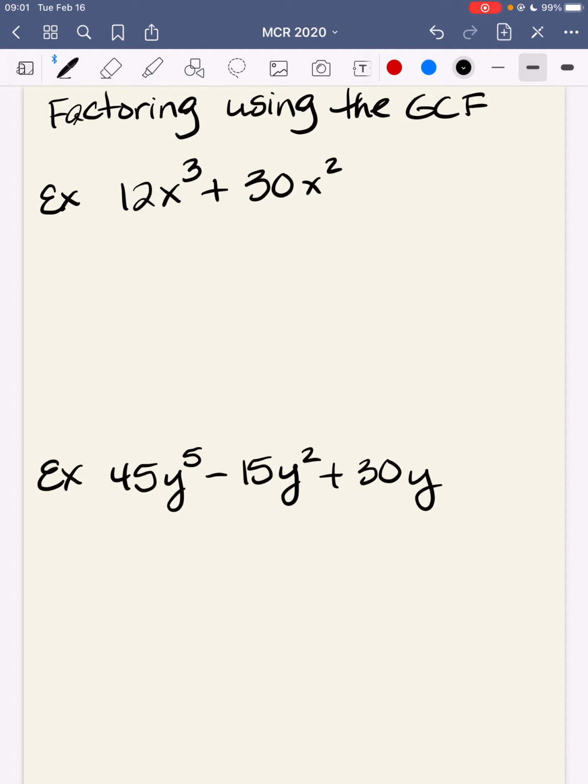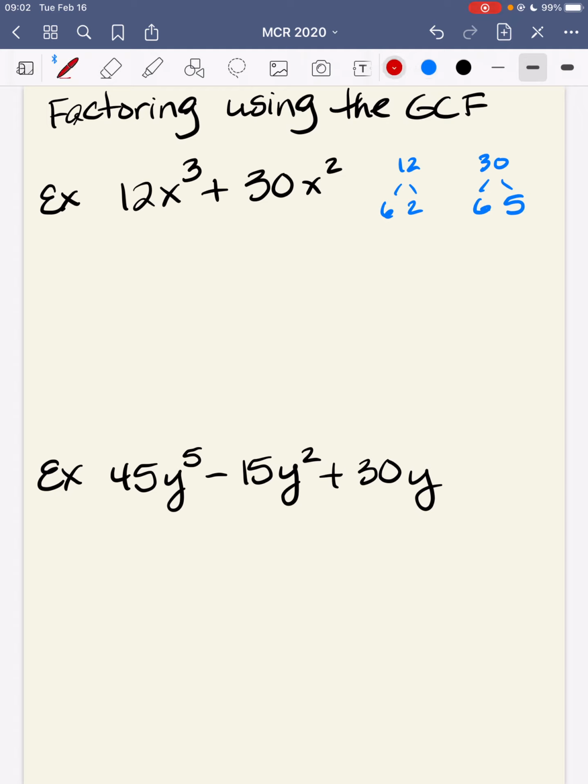So doing the same idea here, I want to see what 12 and 30 have in common. Okay, so 12, if I do a quick factor tree out to the side, 12 is 6 times 2, and 30 is 6 times 5.